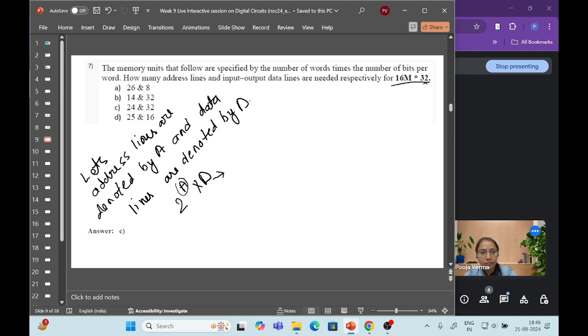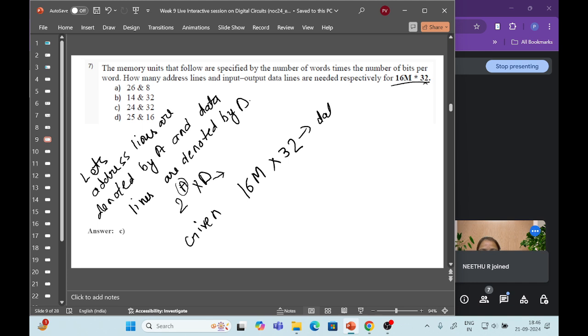Given is 16M into 32. 32 means the data lines. Already we got the number of data lines. Now we need to find out the number of address lines.